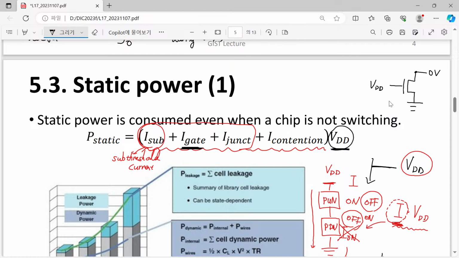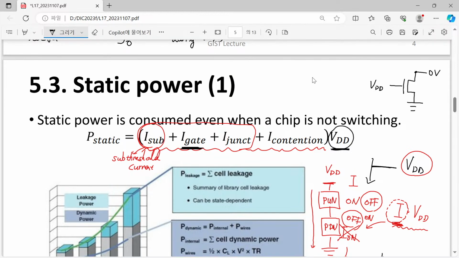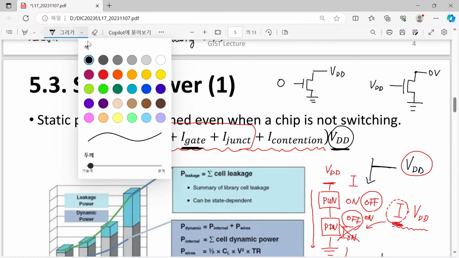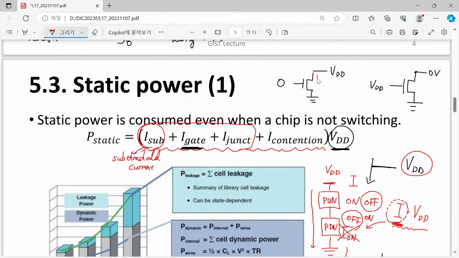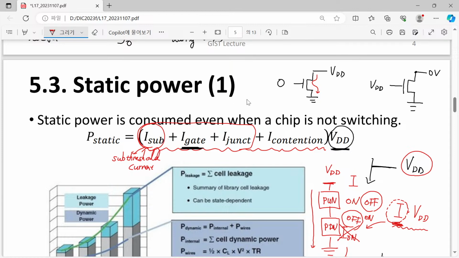Usually when you consider leakage current, you consider the case where you apply 0 volt at the gate and the drain is VDD. The transistor seems to be completely turned off. However, there occurs a small leakage current between its drain and source. That is the typical way we consider this leakage current.